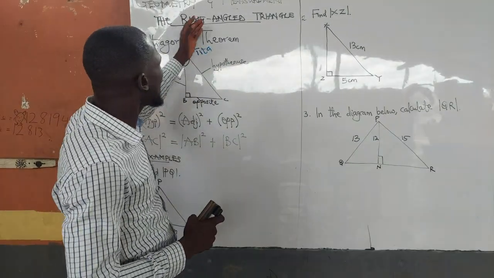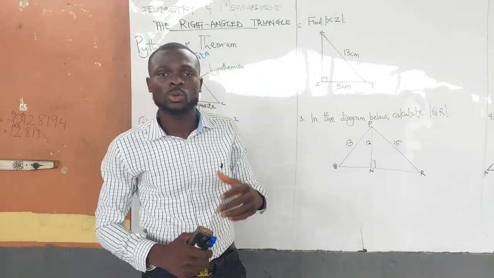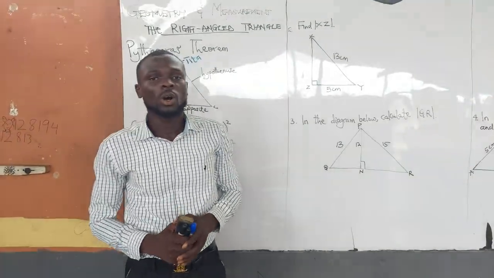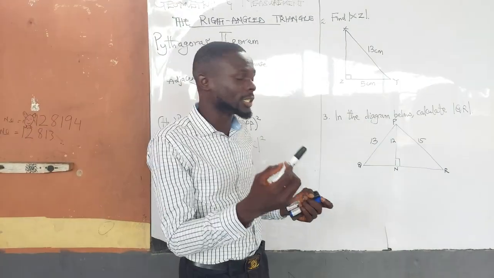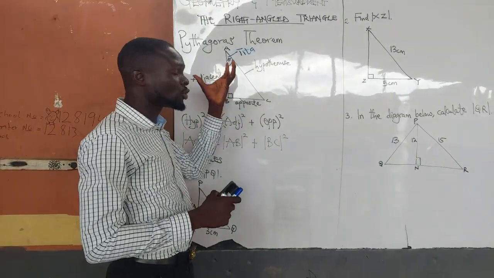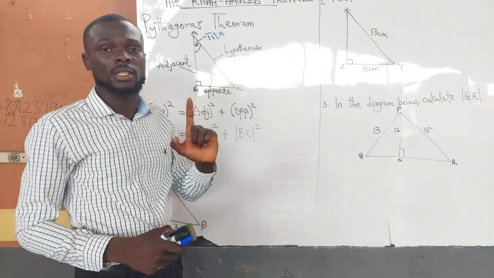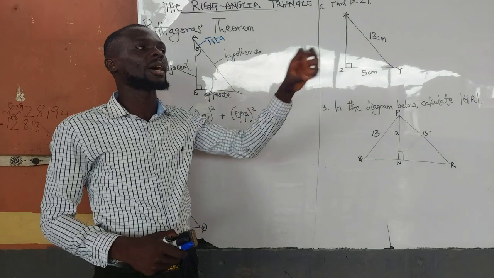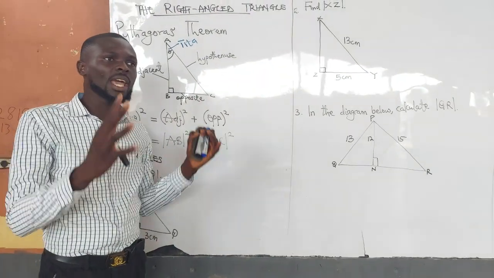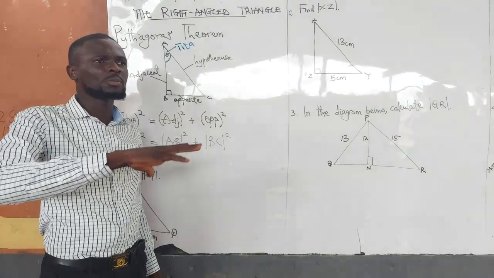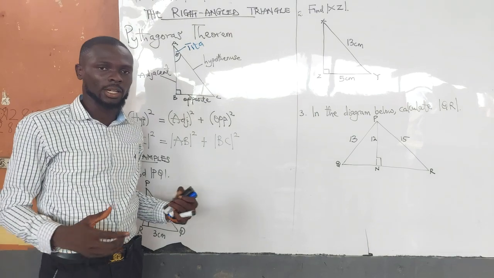Now, with the right angle triangle, when we're looking at the types of triangle, we said the right angle triangle is a triangle having one of the angles at 90 degrees. That makes us call it a right angled triangle. So today we are going to look at some special properties of this right angle triangle.